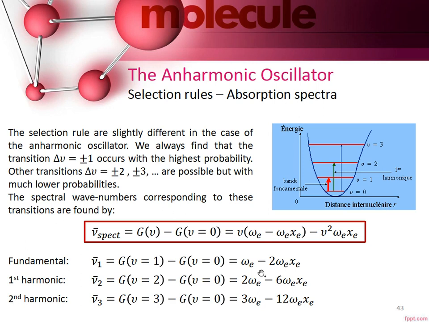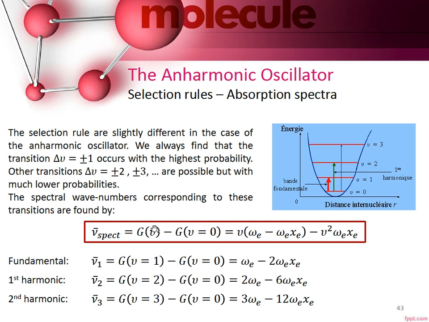So when I say that I have a fundamental line and harmonics, this happens when the initial energy level from which the molecule moved to higher energies is the one equal to 0. So the fundamental one is nu bar 1.